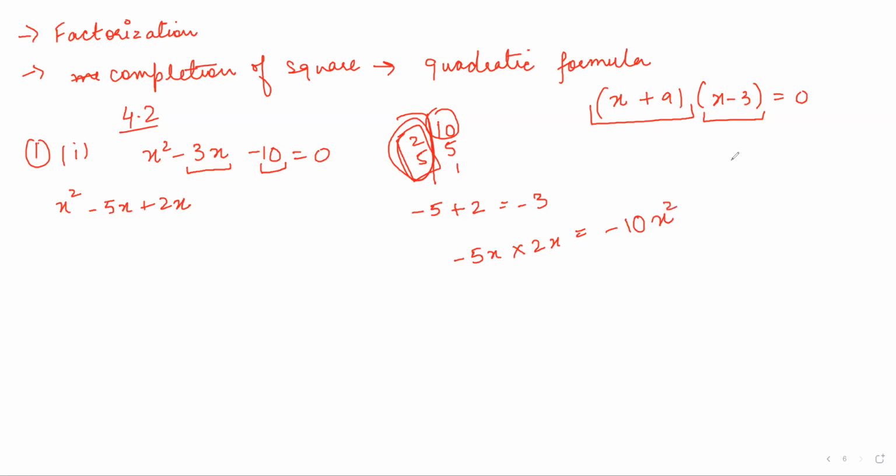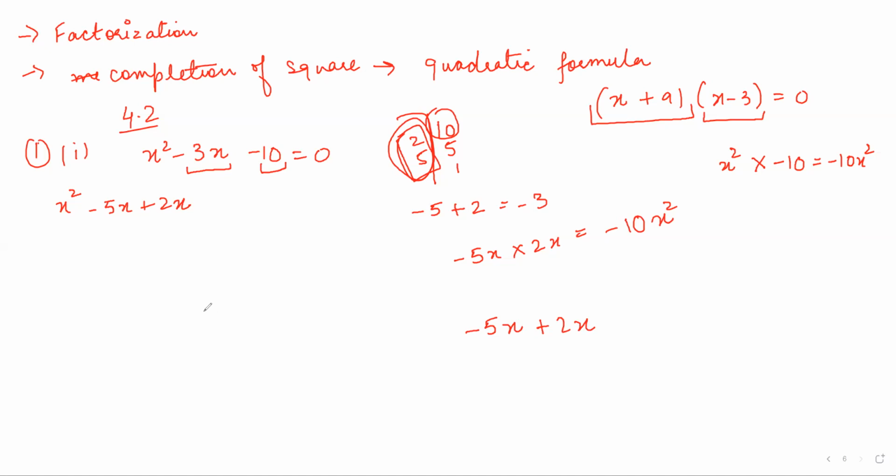So if you multiply the first term, now see, the first term is x square and the last term is minus 10, so you are getting minus 10x square, correct? So you have to take your factors like that. Now please look here again. If you add them, you should get the middle term, correct? And if you multiply them, it should be equal to the product of the first and last term. Is this clear to everyone? Yes, ma'am. Yes, Rida, any confusion here?